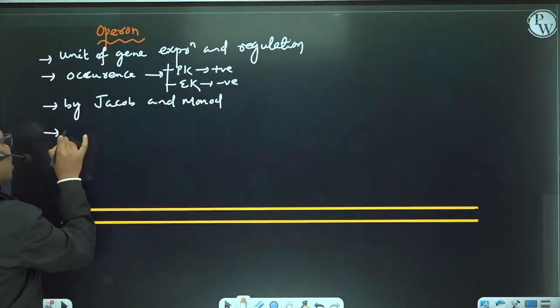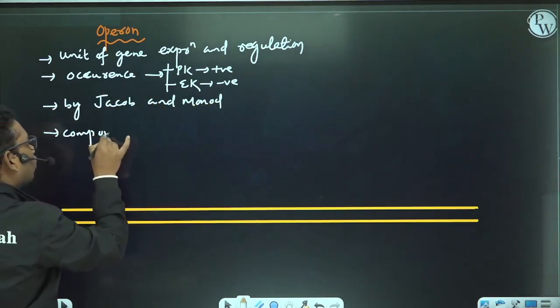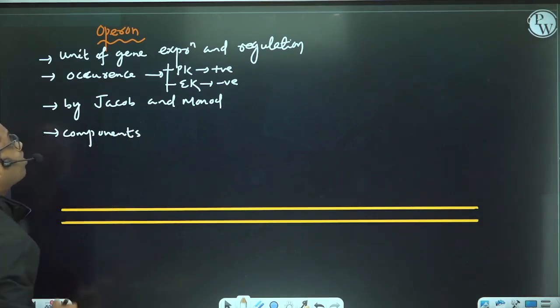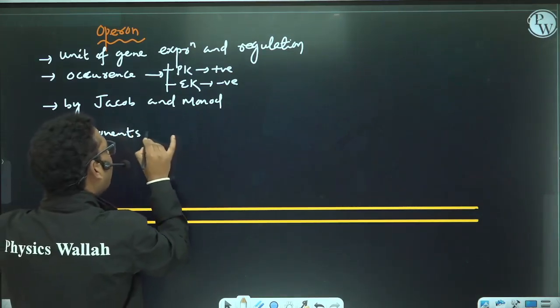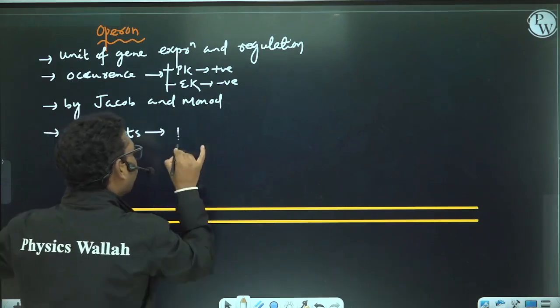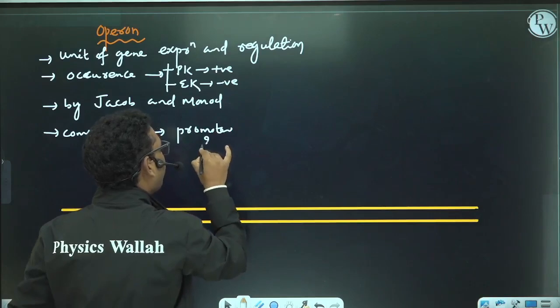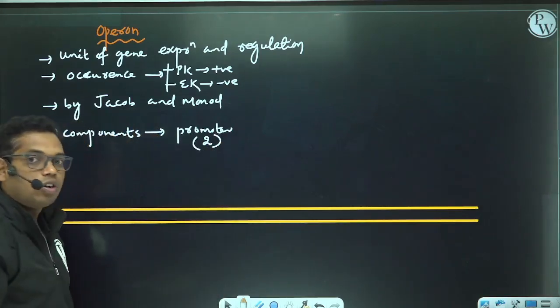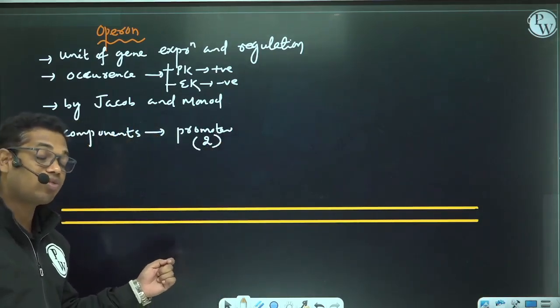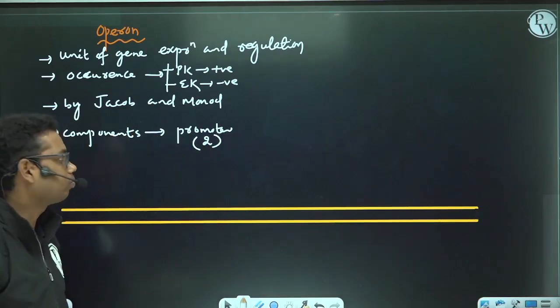So what are the various components? The components of an operon are promoter gene. Okay, and there will be two promoters. One for the structural genes, the series of structural genes, another for the regulatory gene.